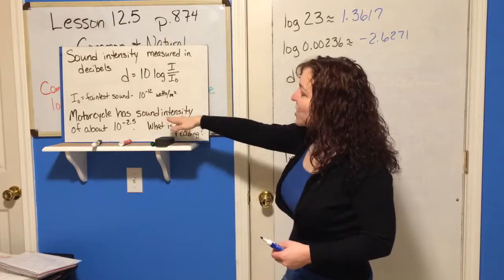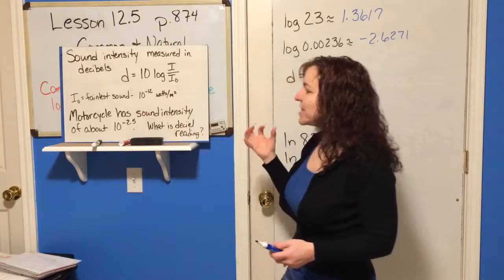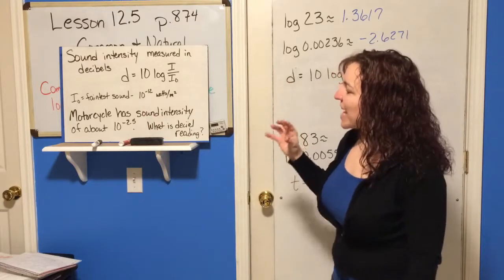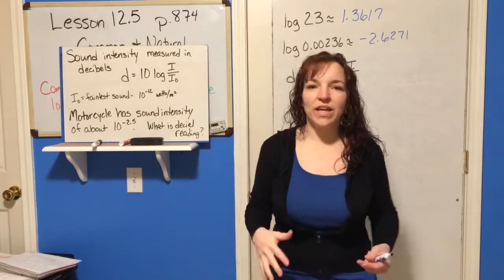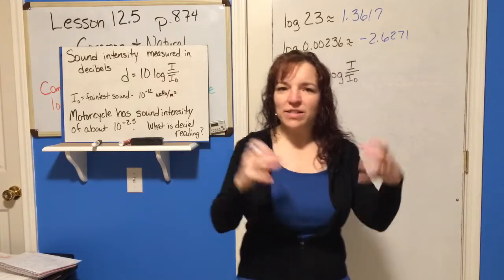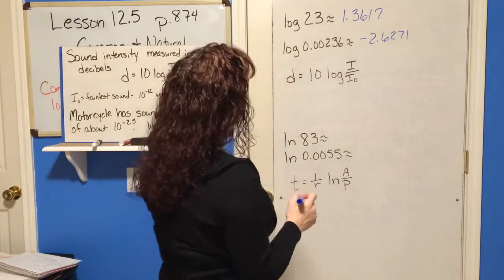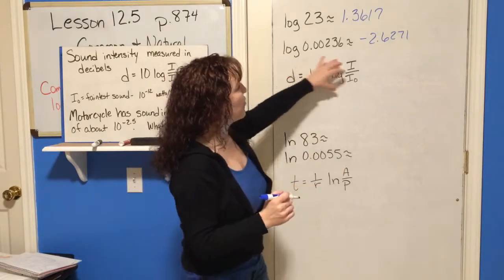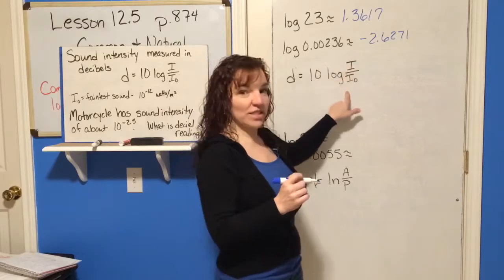All right. So what I have here is a problem that says a motorcycle has sound intensity of about 10 to the negative 2.5 power. I want to know what is the decibel reading. So we put that in decibels just because it's uniform and it's easier to compare. So we're going to use the formula: decibels equals 10 times the log of intensity divided by the initial intensity.